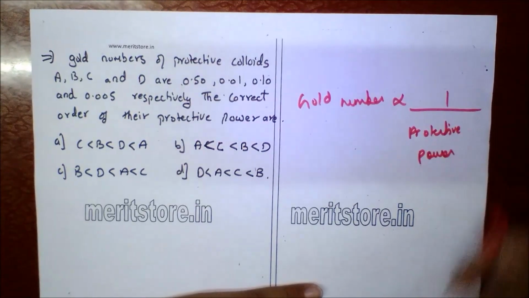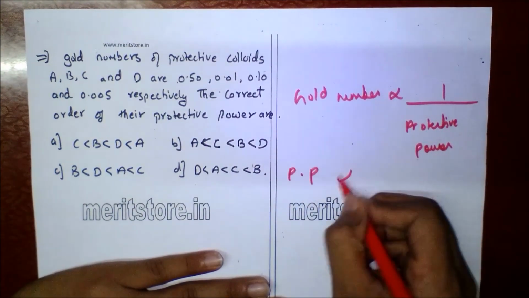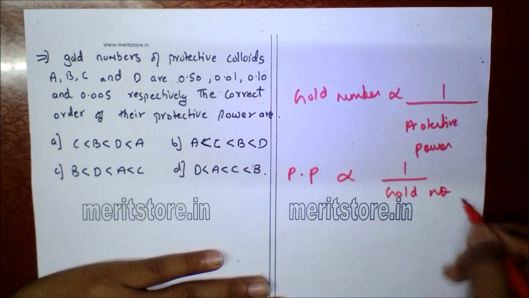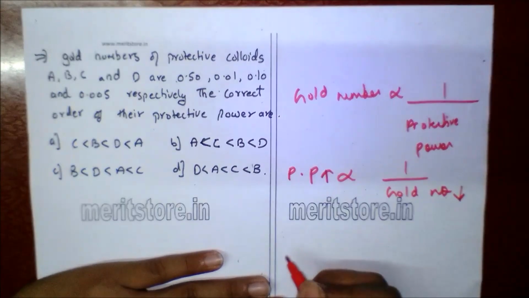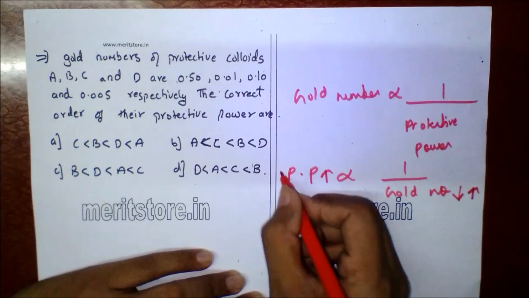Therefore, we have to find the protective power. Protective power will also be inversely proportional to the gold number. Hence, if the gold number decreases, the protective power will increase. And also if the gold number is more, the protective power will be less.